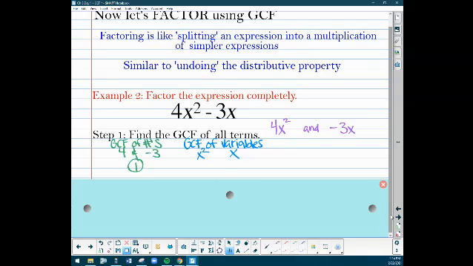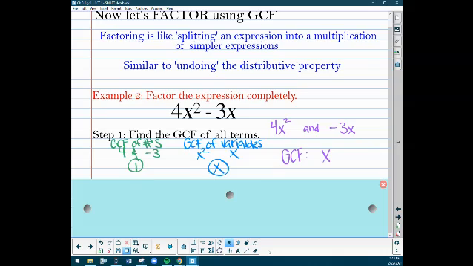Okay, how many do they share? They each share 1x. So the GCF of the variables is x. So the overall GCF of both of these is 1x, or you don't even need both of those. You can just do x. Okay, that's the only thing that goes into both of those.